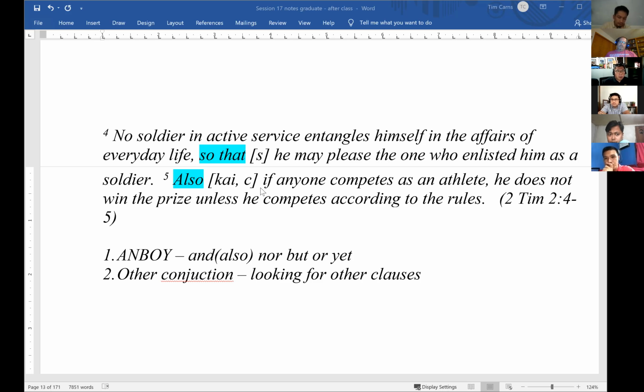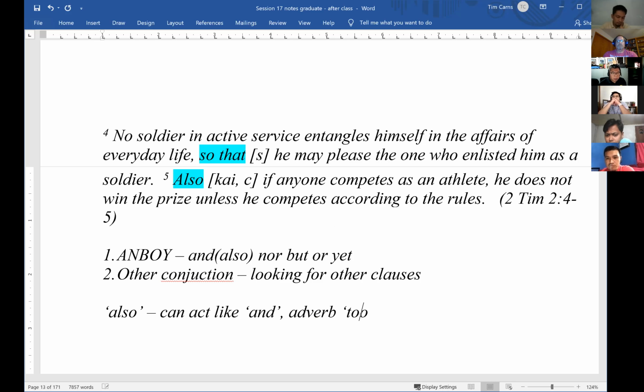Like I said, there's always a little twist here and there at times. The problem I have with this word "also," if I can take an aside for a minute, is that in English it can act like "and" sometimes, but it can also act like an adverb, meaning "in addition to." I also like durian.